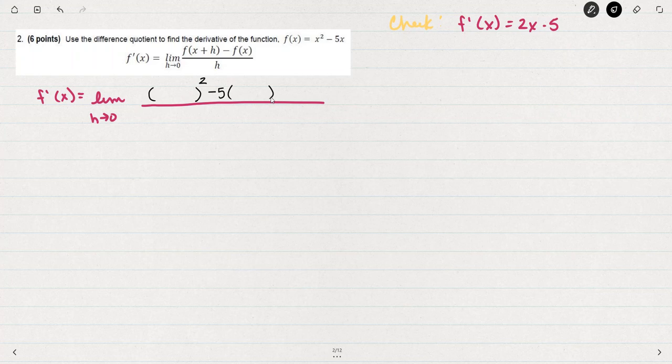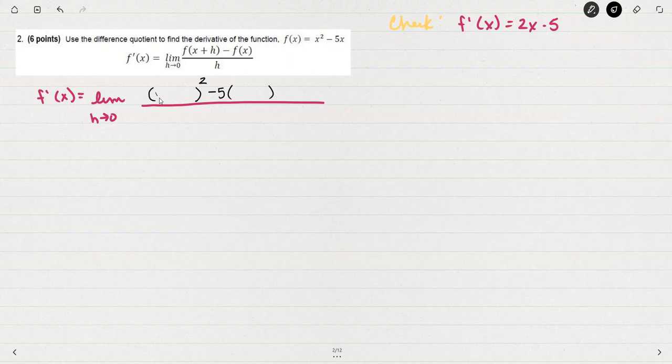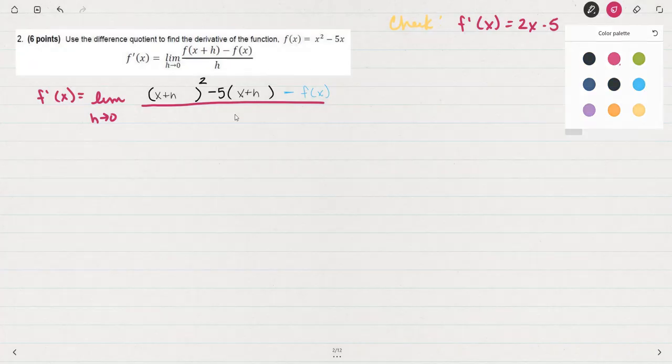So we have x squared minus 5 times x, and in place of x, I'm going to put x plus h. And then we're going to subtract from that f of x and divide the whole thing by h.